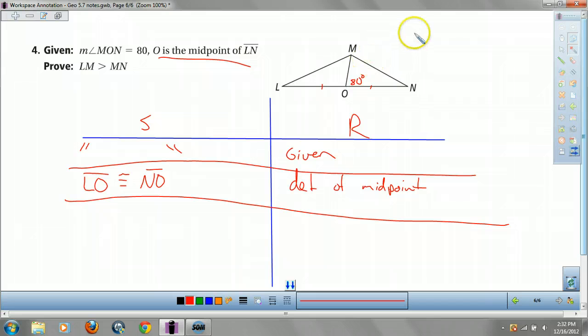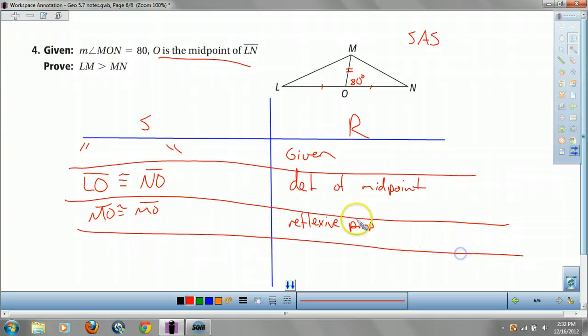Now we need a side, angle, side for this. Not congruent though, we just need to know stuff about side, angle, and side. What do we know about MO? Well, yeah, that's congruent to MO by good old reflexive. Okay.